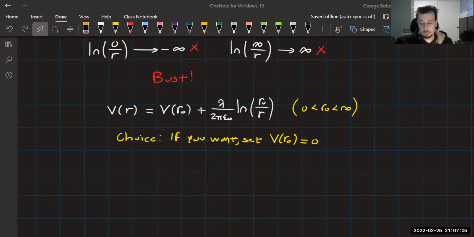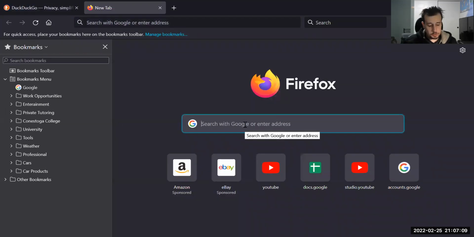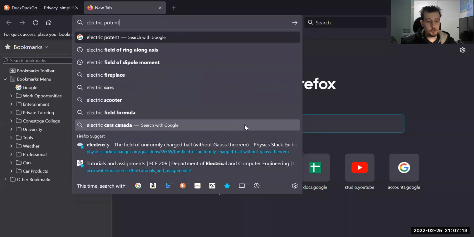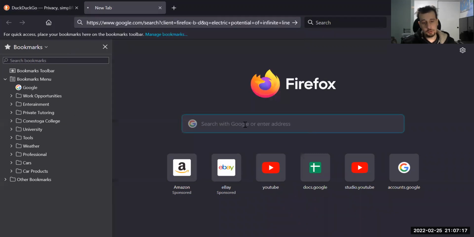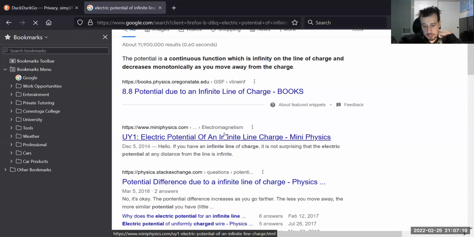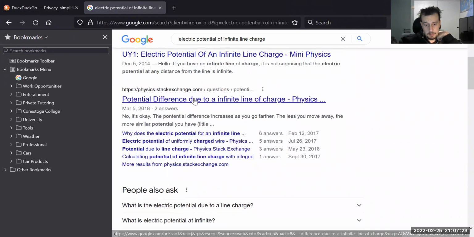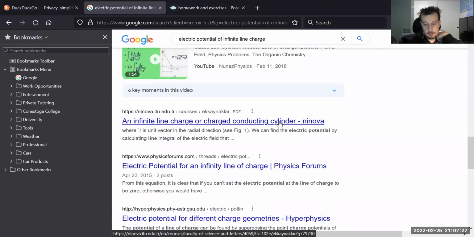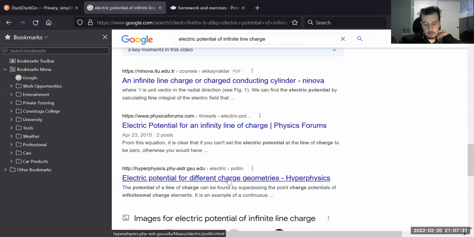We'll go over here real quick and I'll show you electric potential of infinite line charge. Who's going to tell me? Maybe Physics Forums. Let's open that one and maybe, oh, another.